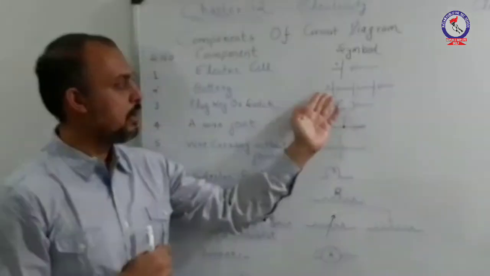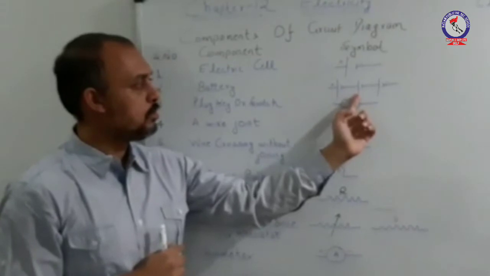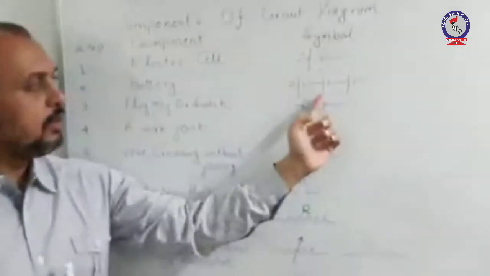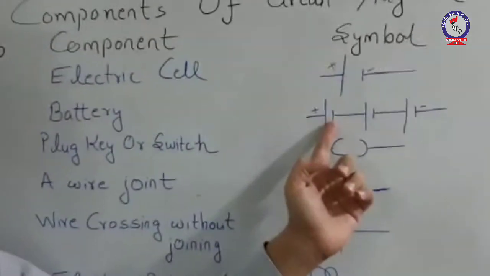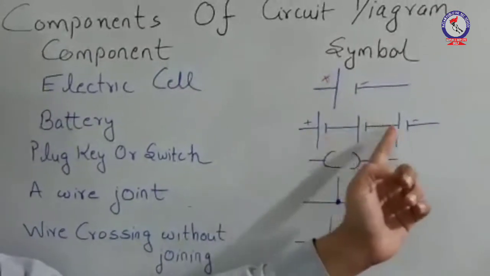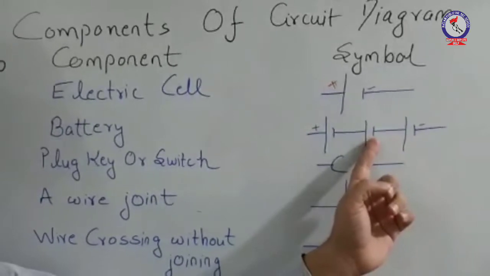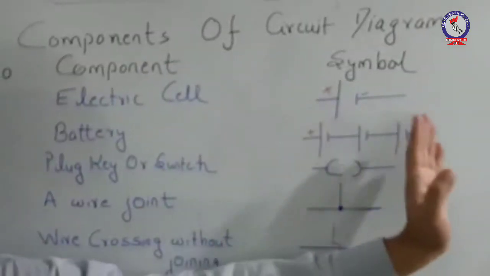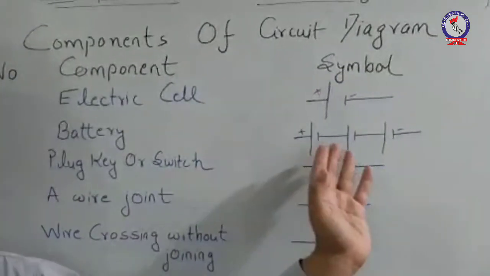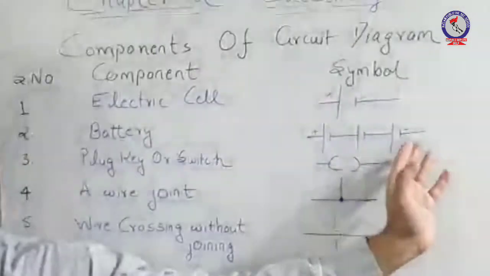While connecting a battery, it should be noted that the positive terminal of the second cell should be connected to the negative terminal of the first cell. Similarly, the positive terminal of the third cell should be connected to the negative terminal of the second cell, and so on, depending upon the magnitude of battery required. So a battery is a combination of electric cells, as you have observed.